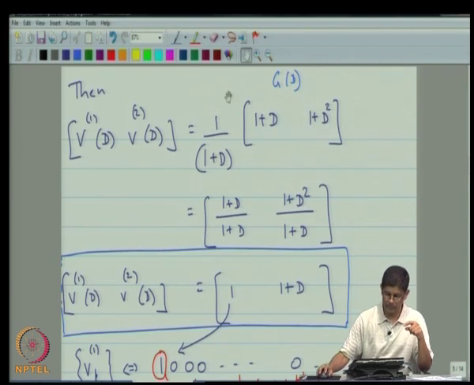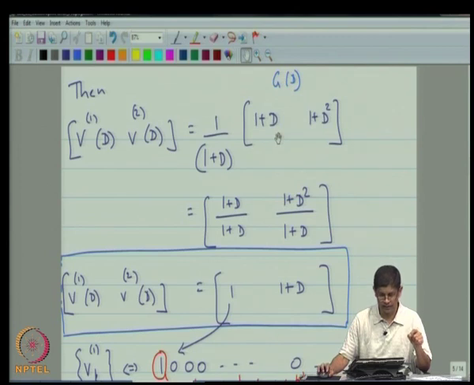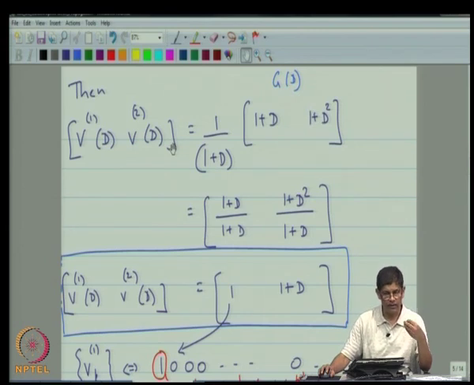Now, on the other hand, supposing the GCD is of the form d to the L, then by our extended Euclidean division algorithm, that is the algorithm we just carried out, you can actually show that a linear combination of these will give you a power of d. That means a linear combination of the outputs will give you some delayed version of the input, which means that the outputs themselves must have infinite Hamming weight.